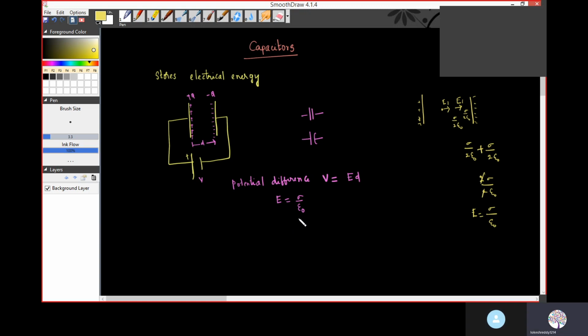So sigma is nothing but Q by A, surface charge density. E is Q by A epsilon naught.